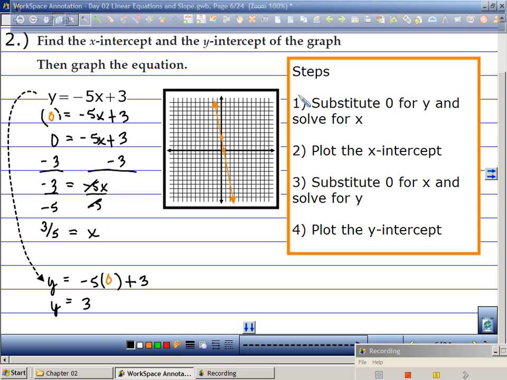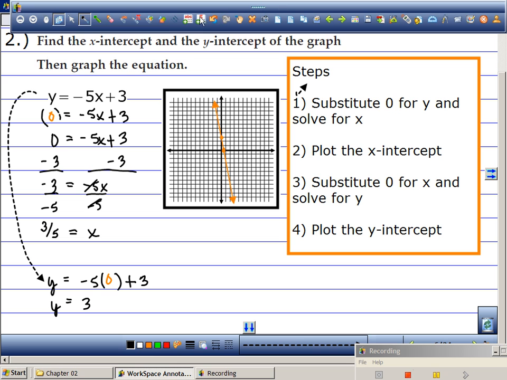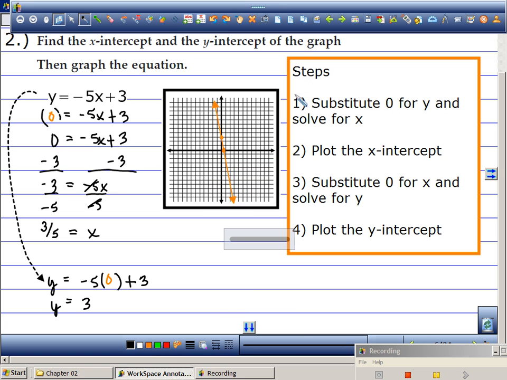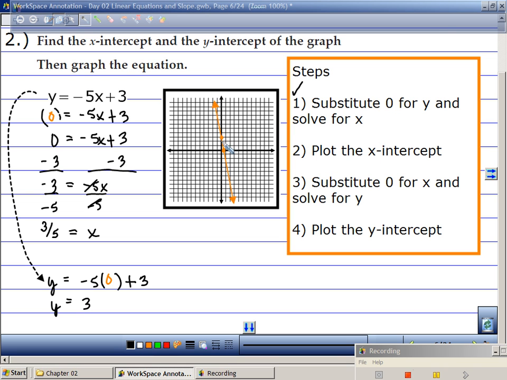So this one right here is me doing this first step, substituting in 0 for y. That's what I did here, and solved for x. Then I plotted my x-intercept, which is right there. Then I substituted 0 for x and solved for y. So my x-intercept is 3/5 and my y-intercept is 3.